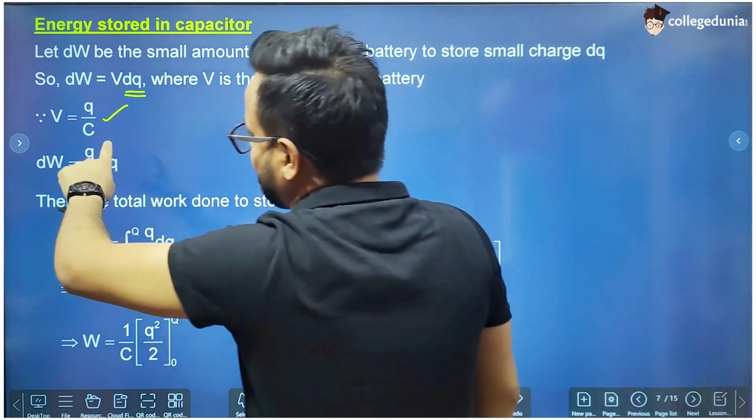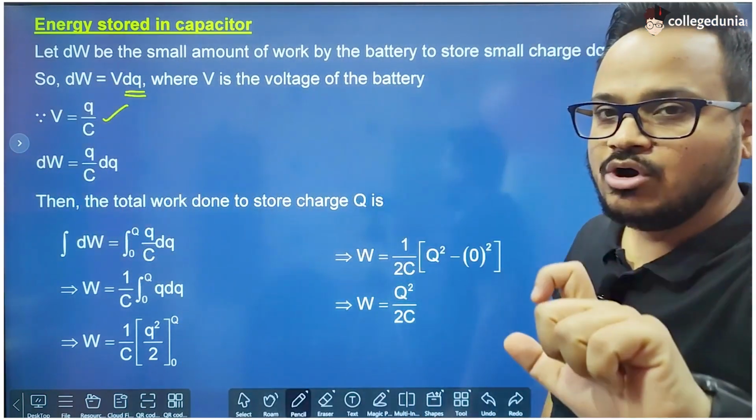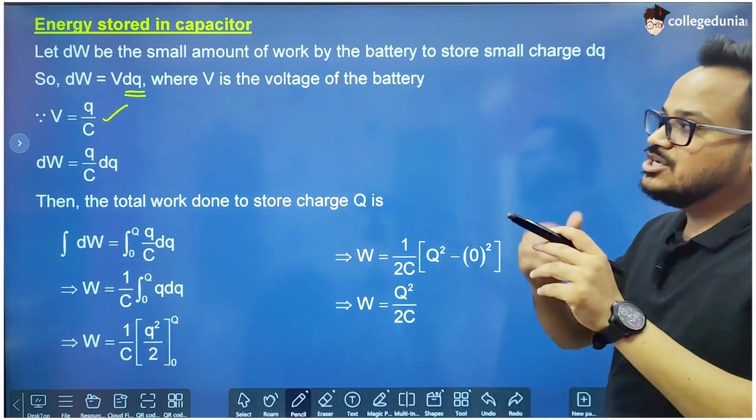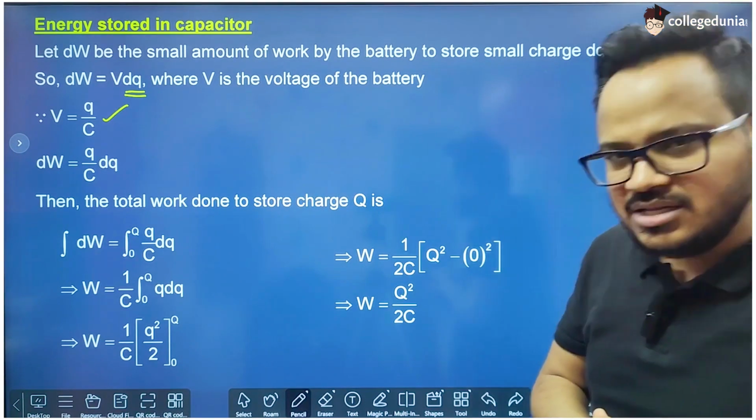We are considering a situation when the charge on the plates of the capacitor is Q. So from that situation, the additional charge stored by the battery on the capacitor is dQ.